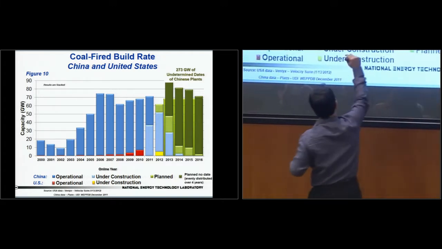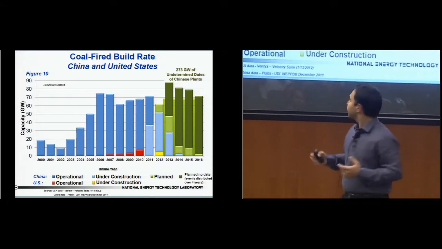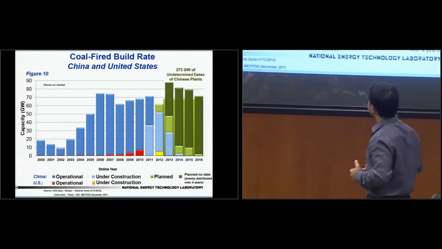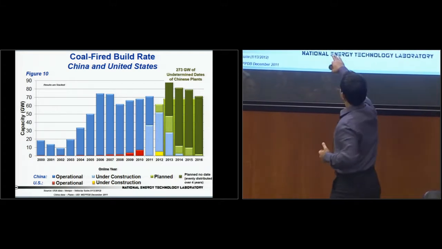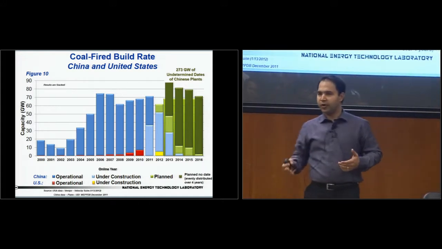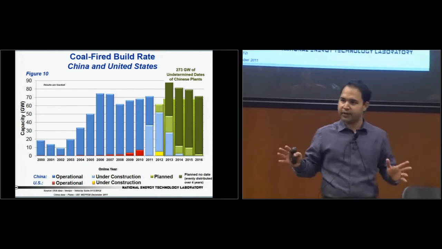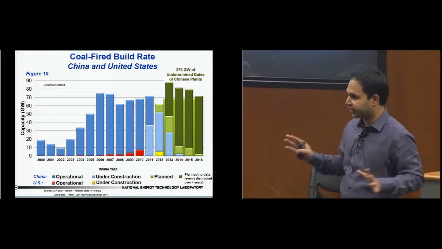The red bars are how much capacity came online each year in the US, and yellow is how much is under construction. And as you can see, there is nothing here, which means nothing is planned in the US beyond 2012. We don't have anything on the cards starting next year on coal.